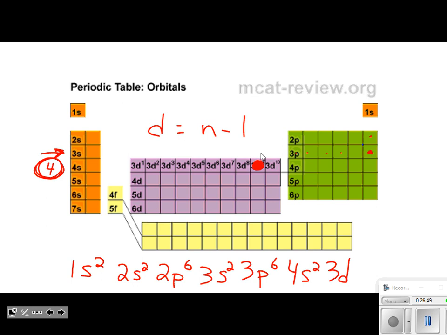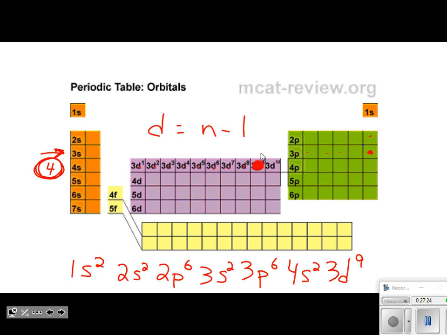Now, I have 3D, and as I count, 1, 2, 3, 4, 5, 6, 7, 8, 9, I have 9 electrons on my 3D sublevel. So that right there, folks, is my electron configuration for copper.